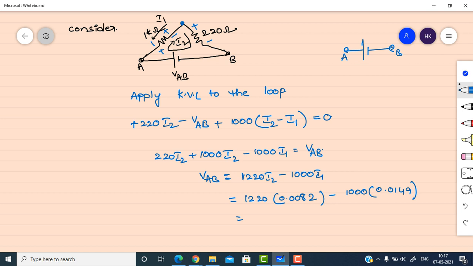What is the value you got? I got it is minus 4.89.